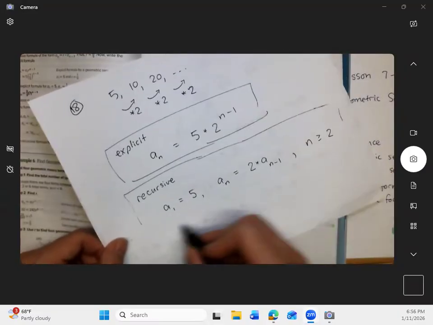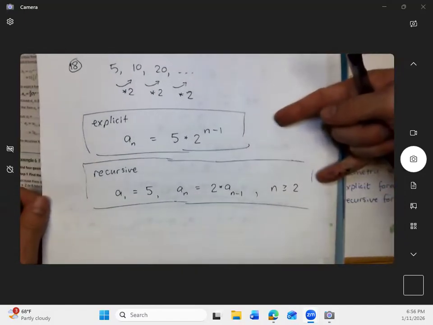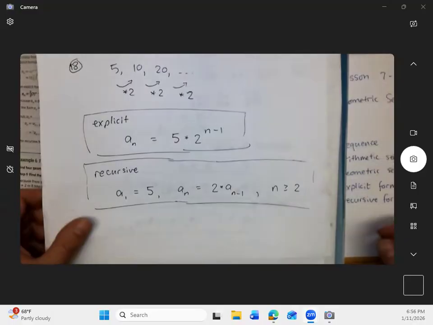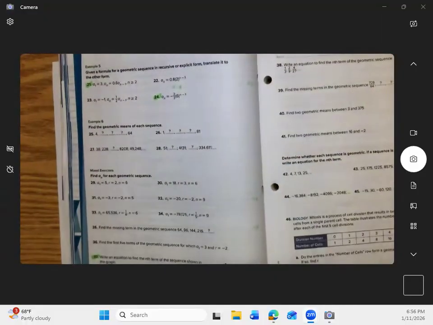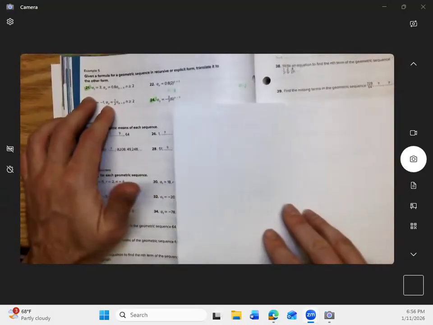That right there is recursive. So here's an explicit and also a recursive formula to each describe that sequence. All right, let's do a couple more, and then I think you guys can do any of these. Number 21.